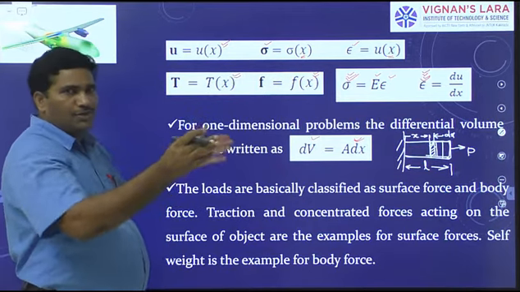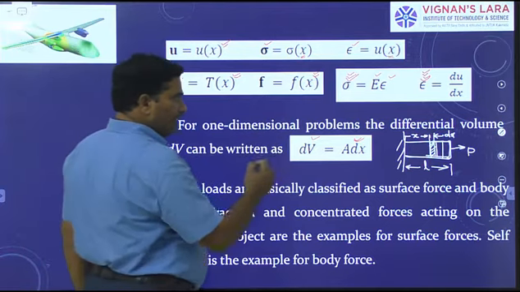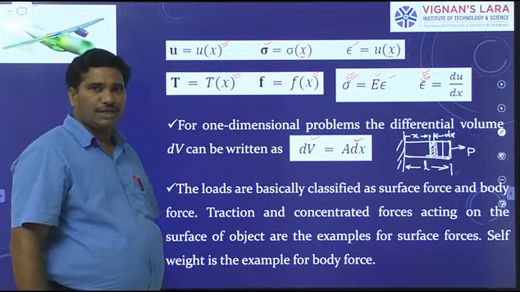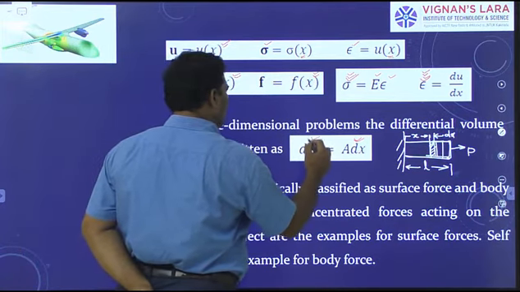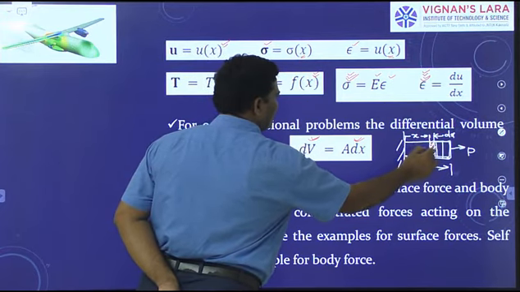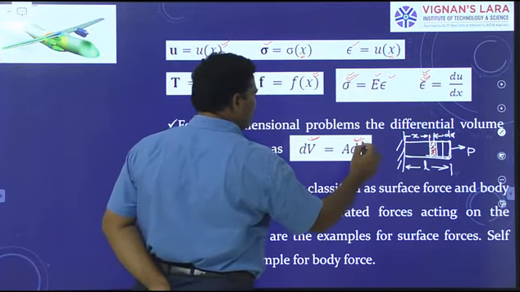It is an axially loaded bar of uniform cross-section. What is variable here? The length. Therefore, we can define the differential volume of the element of thickness dx equals A into dx.